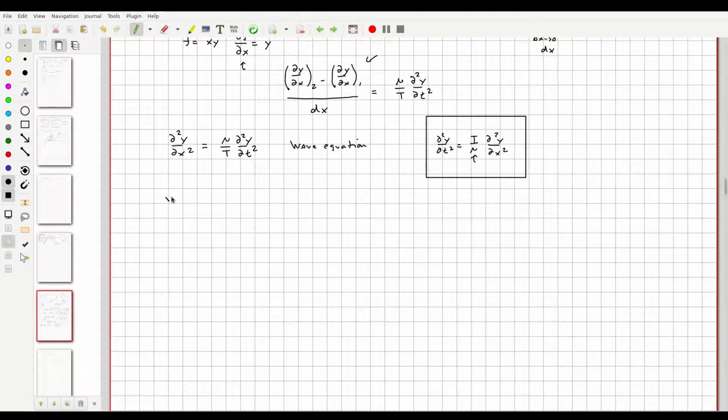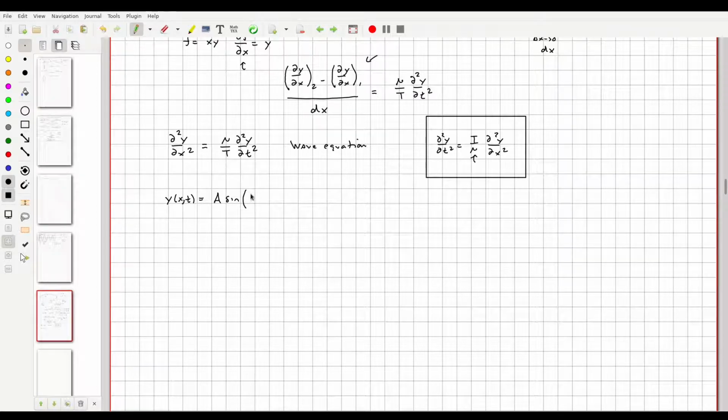And the solution looks something like this. Typically it's y of x and t is equal to a times sine of 2 pi over lambda times x plus or minus vt. Now, let me get my sheet here, because it's pretty ugly, because we're going to actually reduce this a little bit.